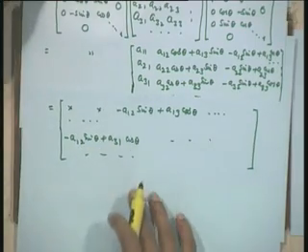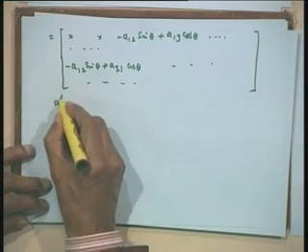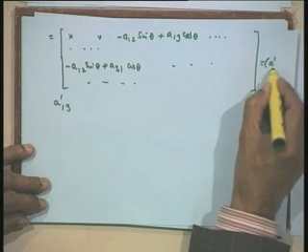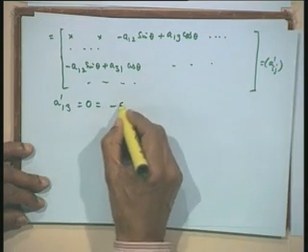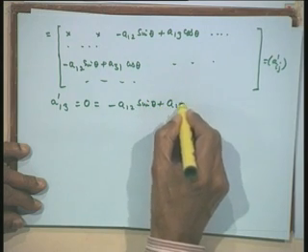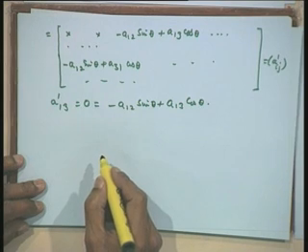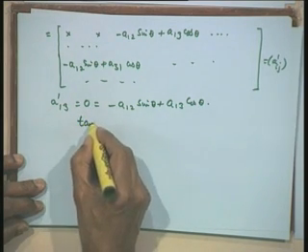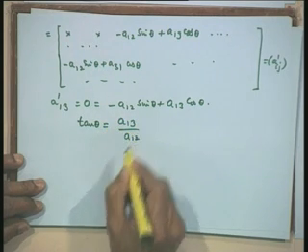Now, I want to set this element as 0, therefore, I will set A prime 1 3, this is our prime matrix, this we are calling A prime ij. So, A prime 1 3 equal to 0 will give minus A 1 2 sin theta plus A 1 3 cos theta equals 0. Therefore, this gives me tan theta equal to A 1 3 by A 1 2.